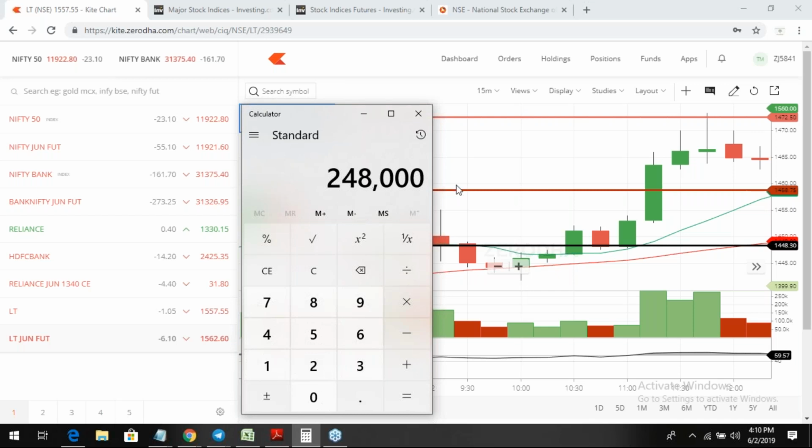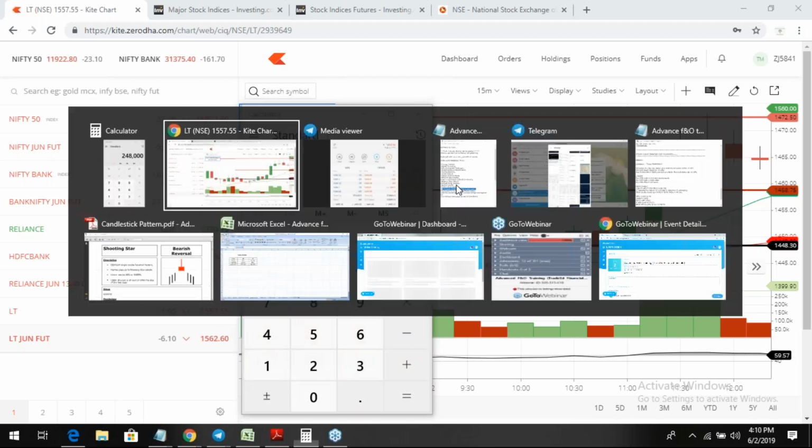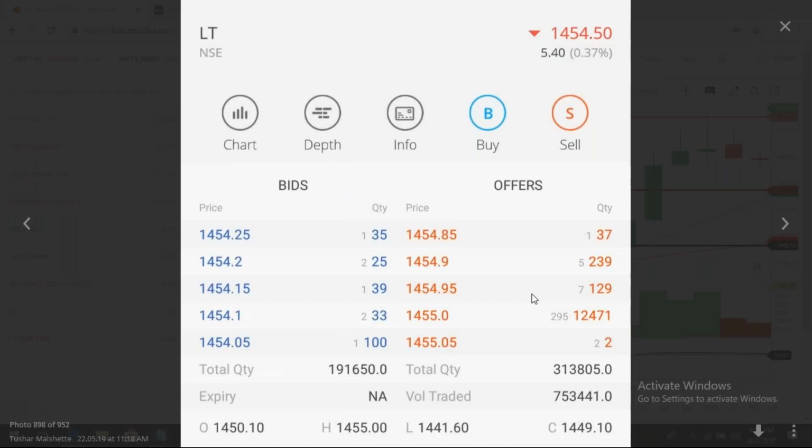So what does FII do? Now please understand carefully. Whenever you see this kind of number, either on the offer side or the bidder side at a particular price, like exactly at 14:55, a big amount.